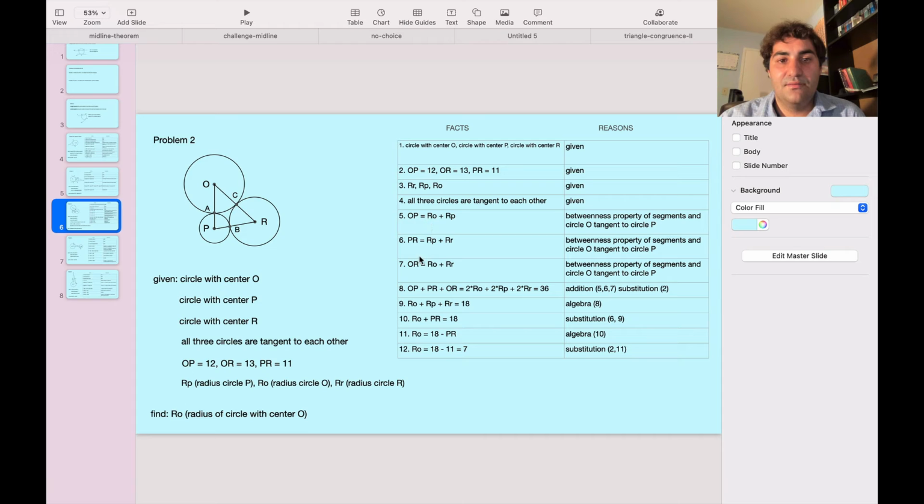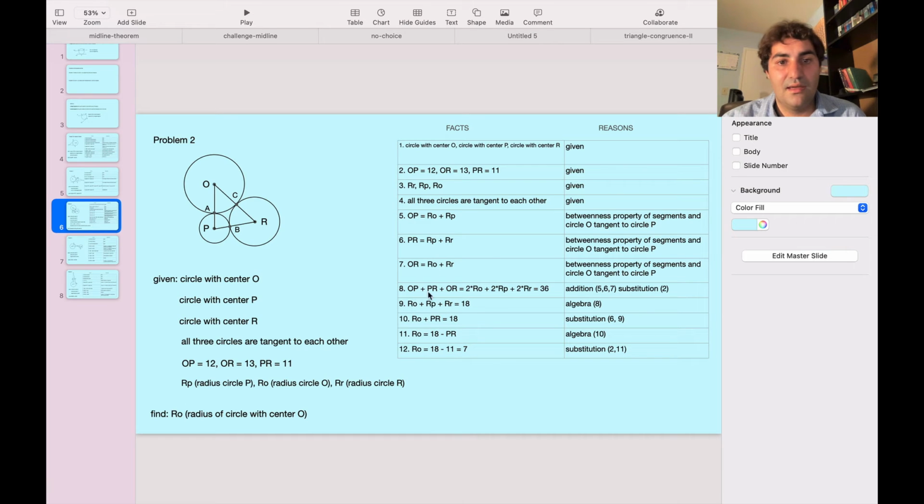So if I add these three quantities together, I get OP plus PR plus OR, and then you get 2 times RO plus 2 times RP plus 2 times RR. And OP plus OR plus PR, if you add these three quantities together, you get 36. So RO plus RP plus RR is equal to 36 divided by 2, which is 18.